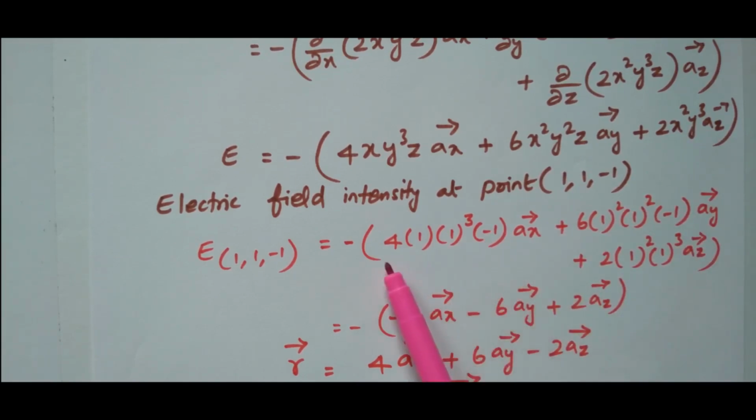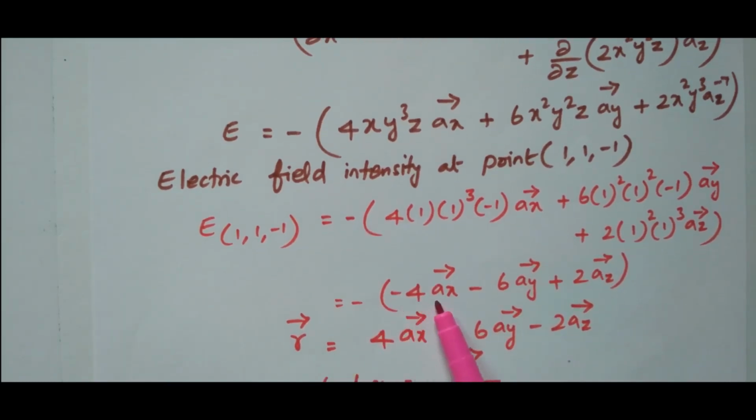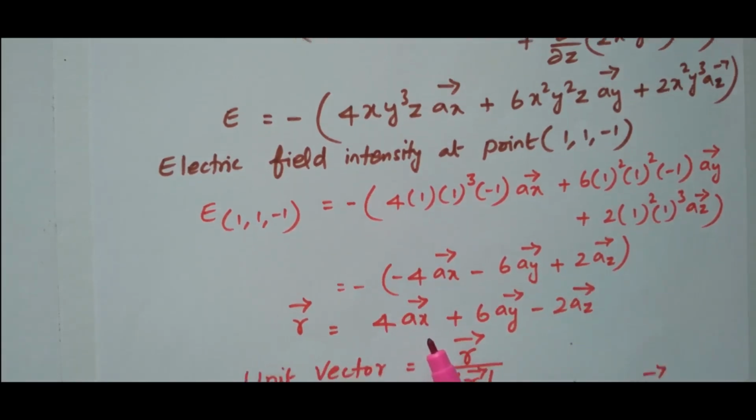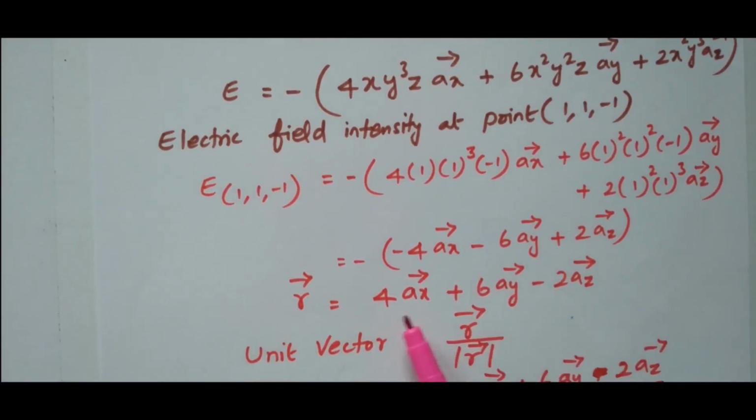Due to the negative, there is already one negative outside: minus of minus 4ax minus 6ay plus 2az. Now multiply the negative inside, so these two become positive: 4ax vector plus 6ay vector minus 2az vector.